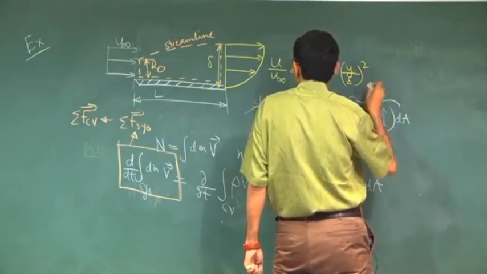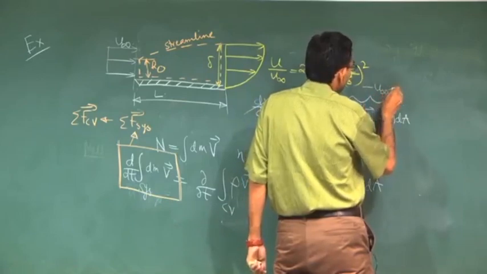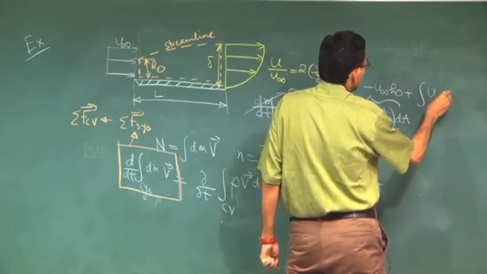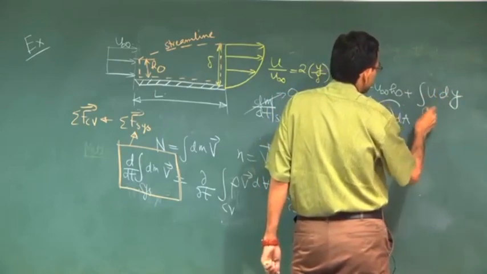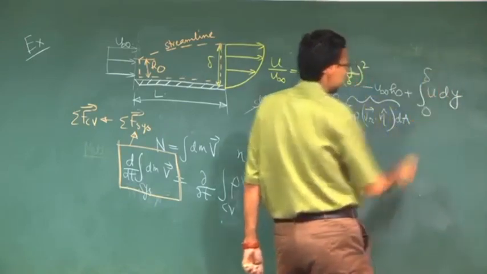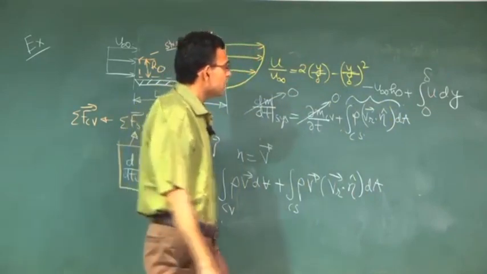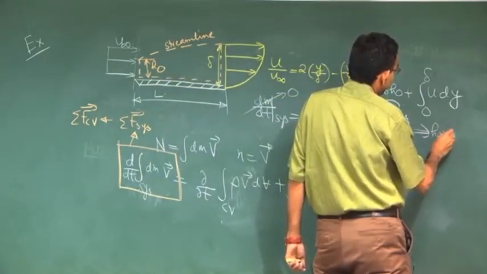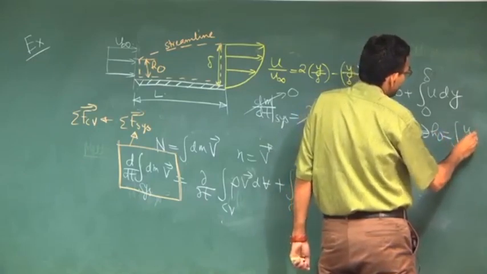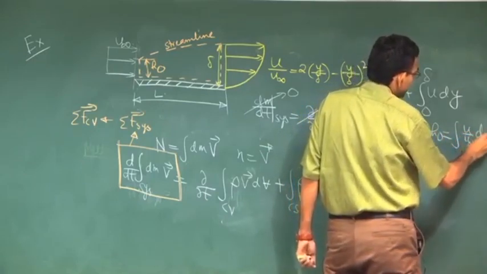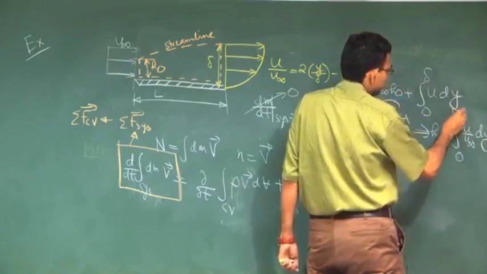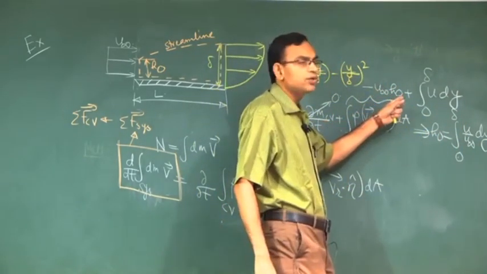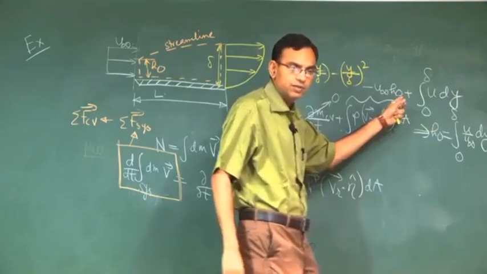Inflow is minus u infinity into h naught and outflow is integral u dy. So this becomes a governing equation for h naught, which is integral u by u infinity dy. Remember this is flow rate per unit width, so width of the plate is taken as 1.